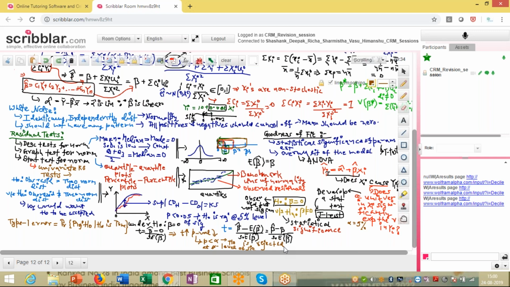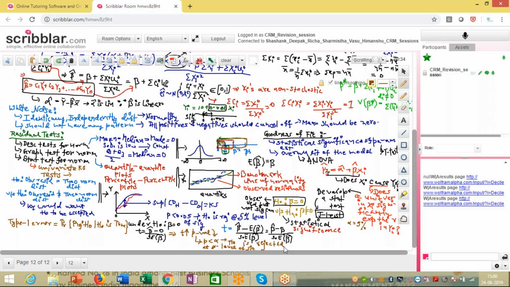Now, if the actual probability of committing the type 1 error is less than the specified level, then I will reject the null hypothesis, saying that, okay, I can reject the null hypothesis over here because I know that the actual probability of type 1 error is much lower than the allowable type 1 error, because it's within the range.